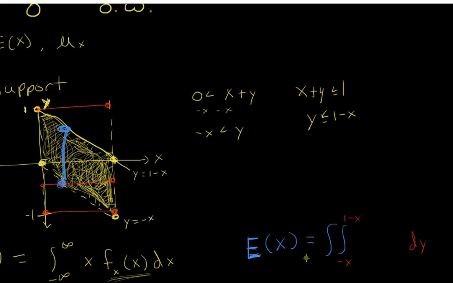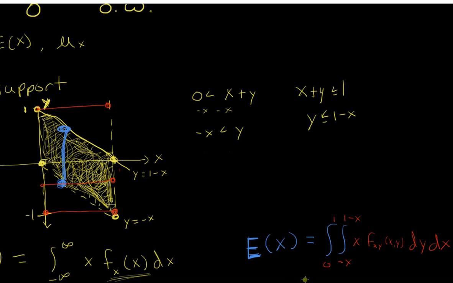Then I'm going to integrate over x, so when I do dx, I'm going to integrate from 0 until we get to this line here, x equals 1, of x dy dx. So setting it up this way is the easiest way to solve this expected value.